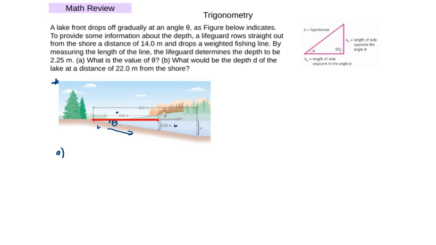Now I have a triangle here, my friends. Let's make that more obvious. I have the lake here, and the guy went from shore 14 meters. And then I have the height where he dropped the line, and I have the lake nicely dropping down.